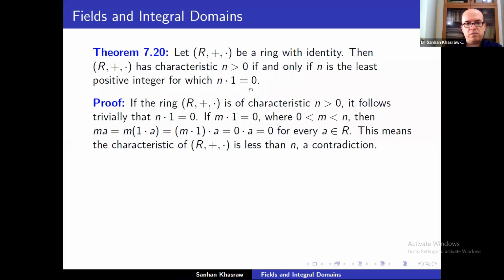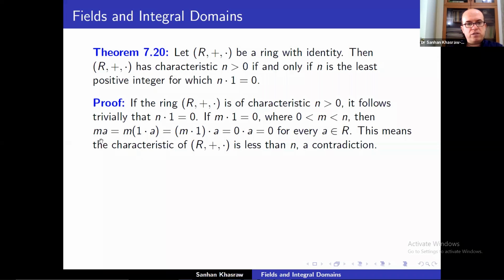So here's a small proof. First, let's say R has characteristic n. By the definition of characteristic, n times any element of R gives 0. So in particular, n times 1 is equal to 0. Suppose some positive integer less than n multiplied to 1 is equal to 0.